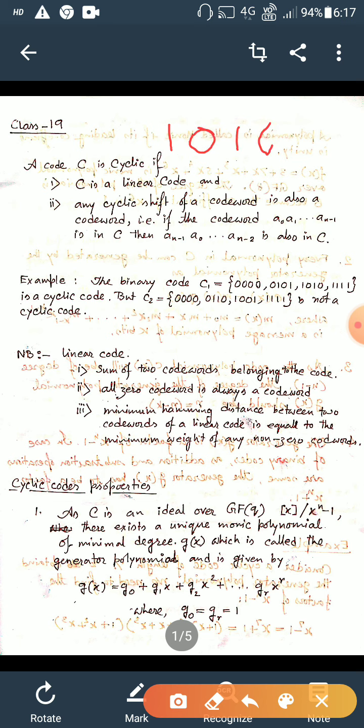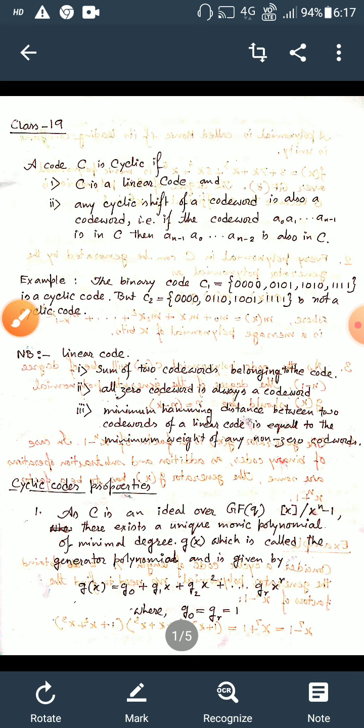If you rotate it by a single bit, the value becomes 0101, which is also present in C. So this C1 will be treated as a cyclic code.